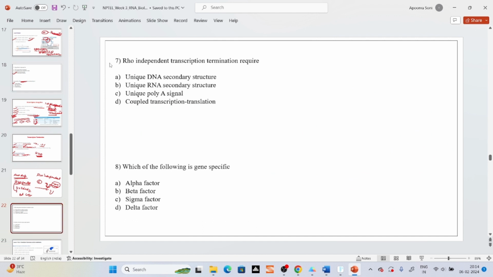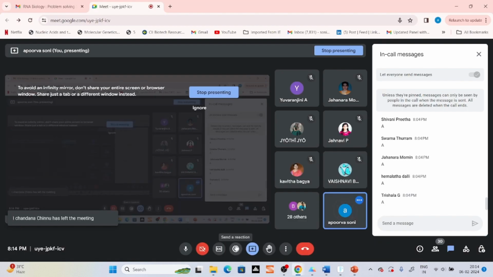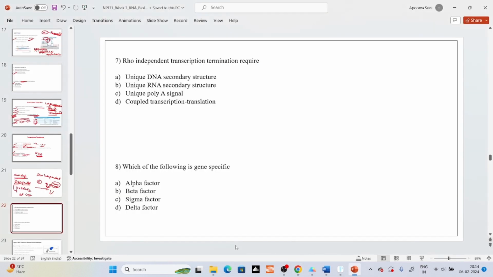So the question is, rho independent transcription termination, which does not require the rho factor, requires: unique DNA secondary structure, unique RNA secondary structure, unique poly A signal, or coupled transcription translation. What is the answer? Tell me.